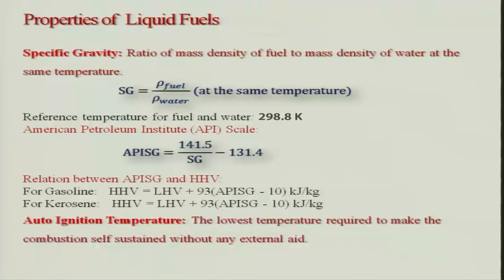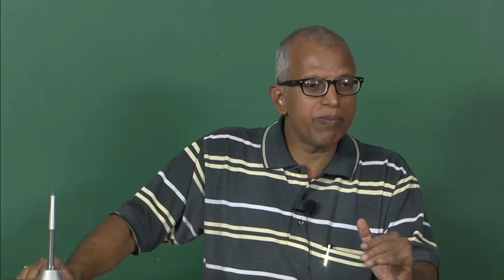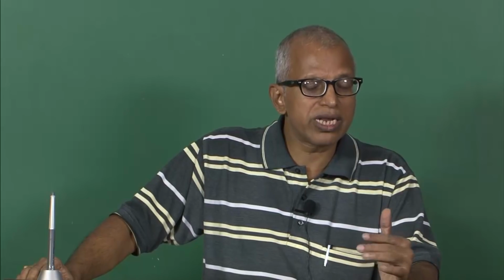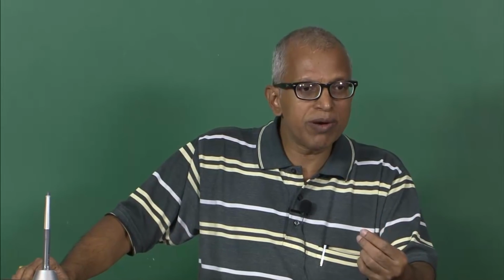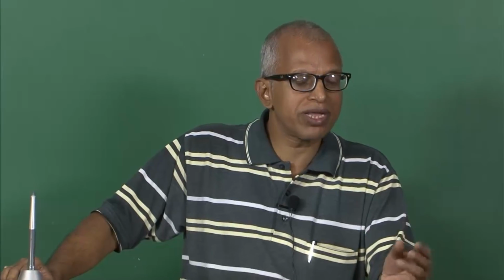Self ignition temperature, or auto ignition temperature, is the lowest temperature required to make the combustion self sustained without any external heat. Suppose I remove the ignition source, but the combustion still goes on. If the auto ignition temperature is low, it is very easy to ignite, because I give very little energy to reach that temperature, and after that it is self sustained.